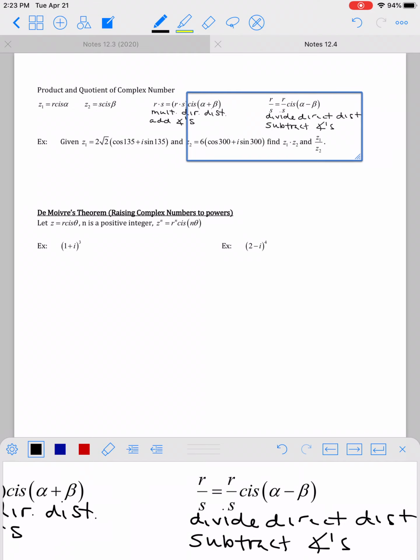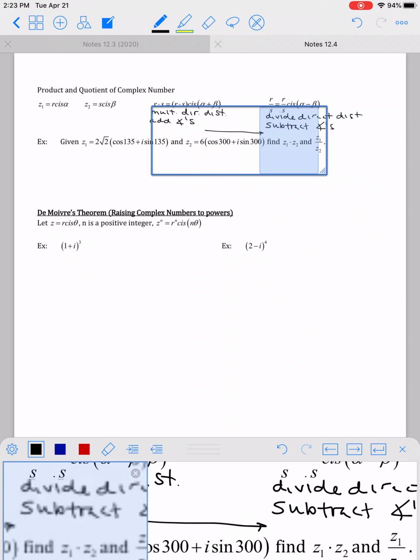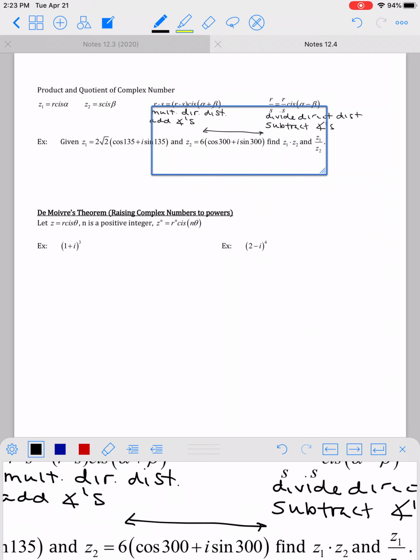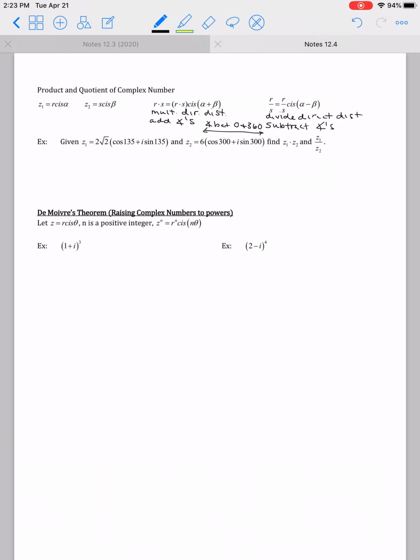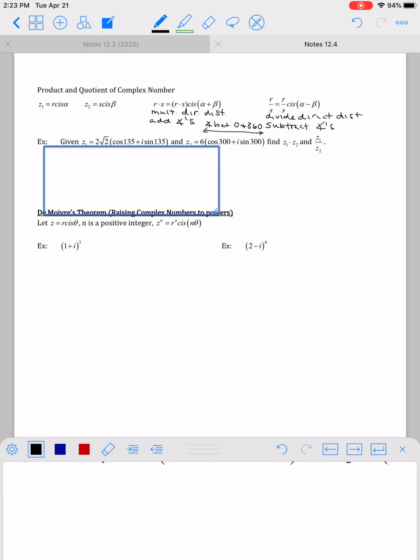And the thing that's common to both is the angle between 0 and 360. We want to make sure that angle is between 0 and 360 before we say we're finally done and the answer's good.